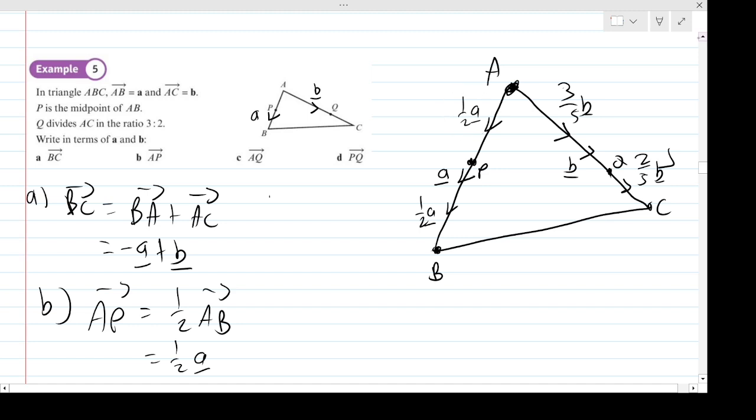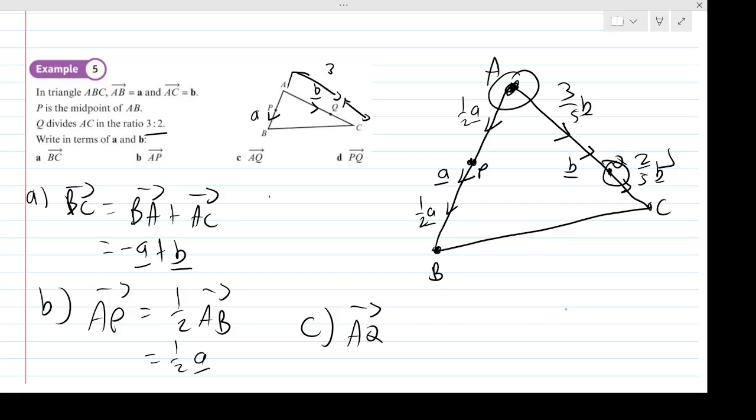Okay. Part C then, we need to find AQ. So that's going to be starting at A and ending at Q there. Well, actually, we did that as well, really. That would be 3/5 B. But again, that's because Q divides AC in the ratio of 3:2. That means that A to Q is 3 parts and Q to C is 2 parts.